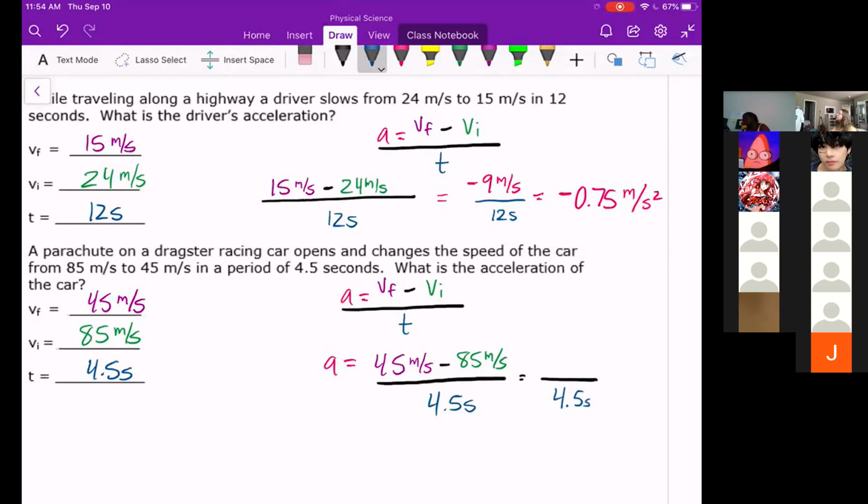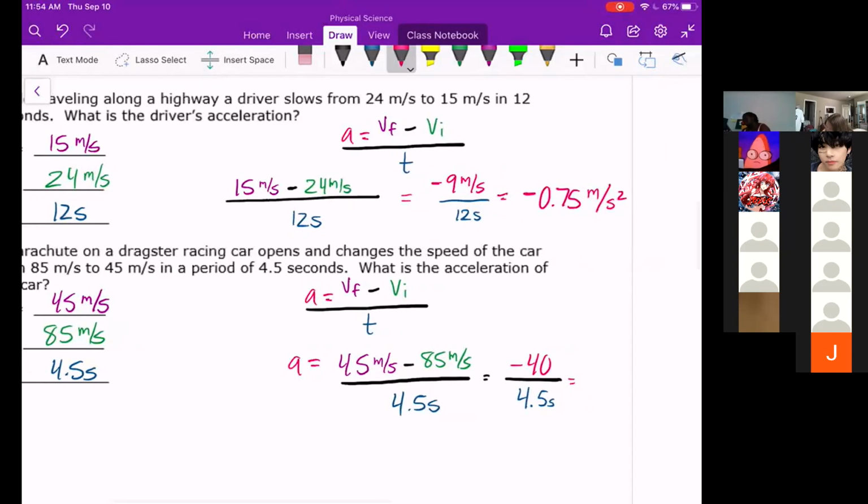The top number is -40. -40, that is correct. And then we're dividing that by 4.5. Glory, tell me when you get that last number. -8.89. Very nice. If you put -8.88, -8.9, -9, I would take any of those. Meters per second squared. Very nice.